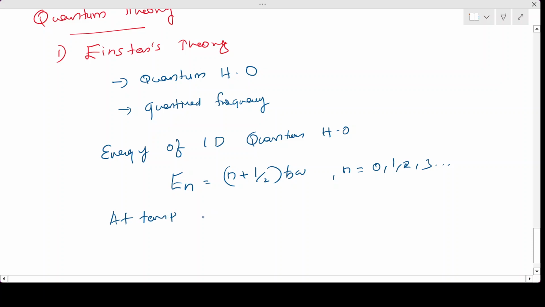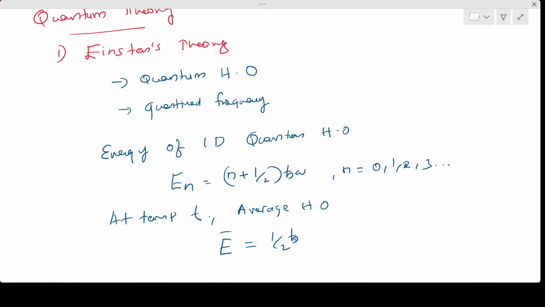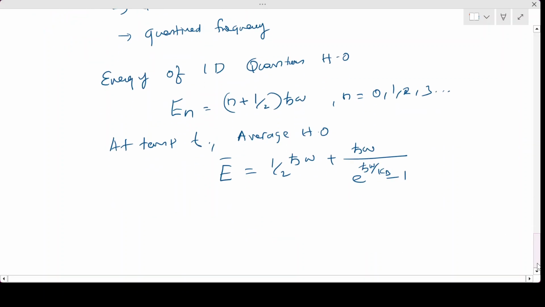When you consider a particular temperature T, the average energy of the harmonic oscillator, E bar, includes the term half h cross omega. This part of the discussion, the theory of specific heat, you may have studied extensively in your statistical mechanics course, so I am not going into much detail.